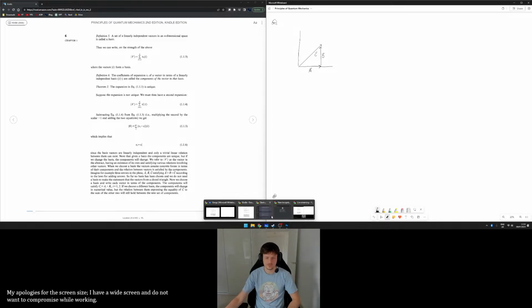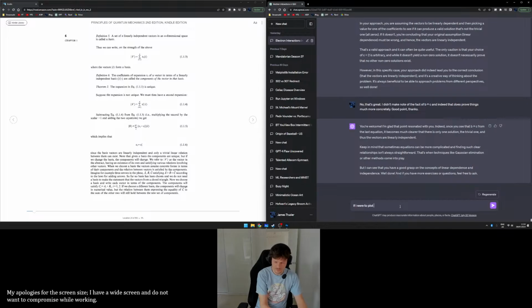Let me just GPT that because I don't want to move forward if I'm completely wrong here. If I were to plot three vectors, A, B, C, so that they satisfy A plus B equals C, then am I right in thinking that these would form a linearly independent, no, dependent set because C is redundant in that set?